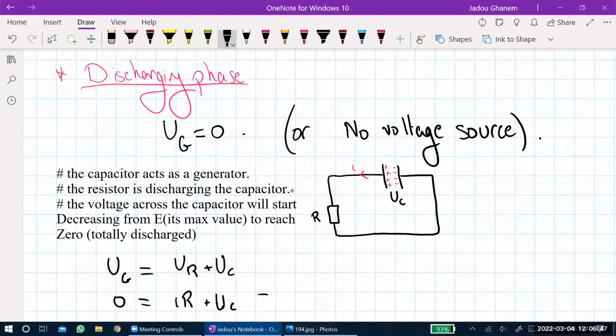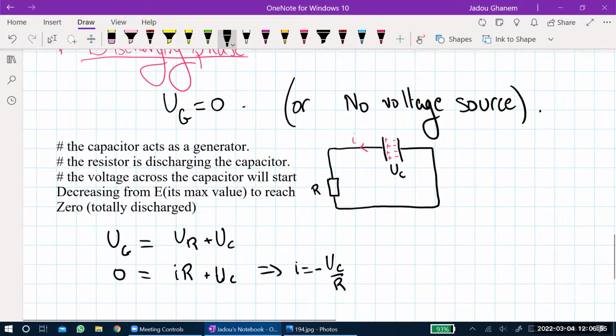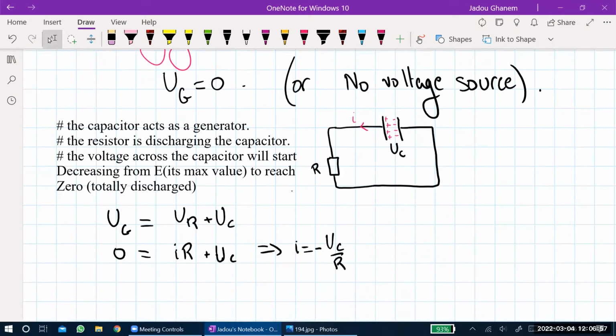If I want to find I, it will be equal to minus UC over R. The negative sign tells you the capacitor is being discharged and the current is negative, so it's going to be moving in the anti-clockwise direction.